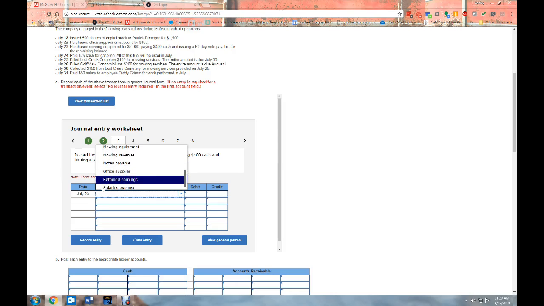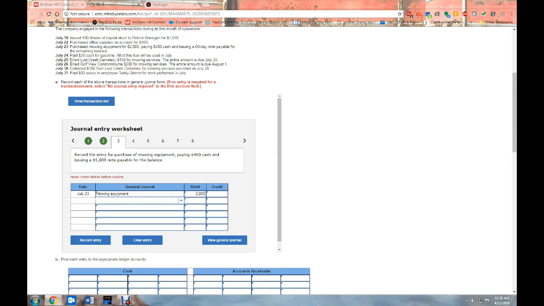Sure enough. What is mowing equipment? Mowing equipment would be an asset. Those are resources I'm going to use to benefit my future operations. My mowing equipment is worth $2,000. So I now have a $2,000 asset in the form of mowing equipment on my balance sheet.